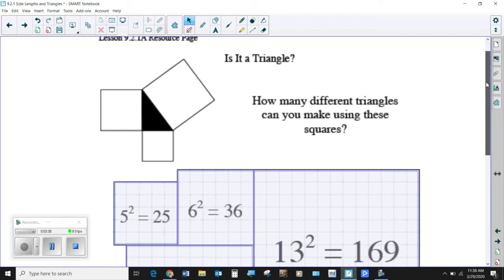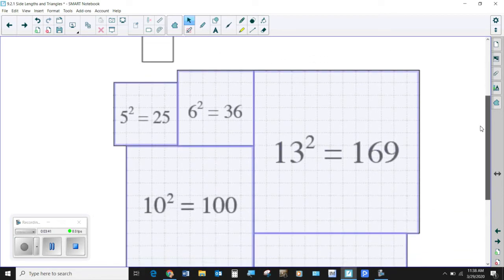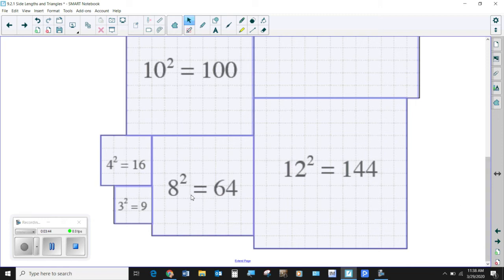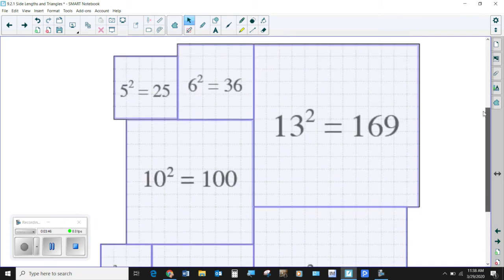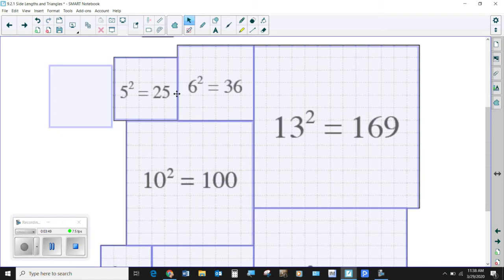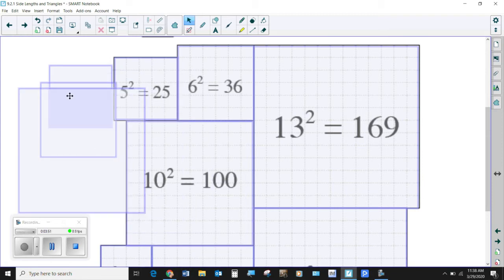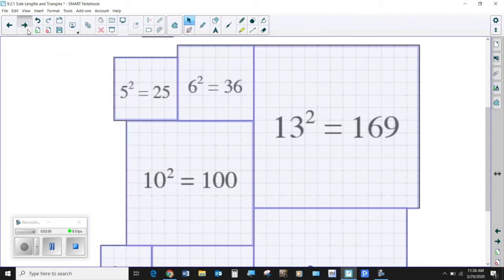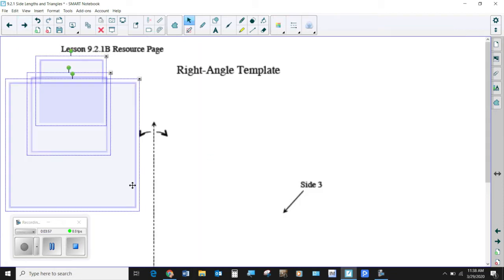All right, so hopefully you've got some wonderful clean squares that you've cut out. What I'm going to do is take 3 squares alone. I'm going to take maybe these 3 right here. So I'm pretending like I just cut those out. Let's cut those away, and let's paste them on here. Okay, good.